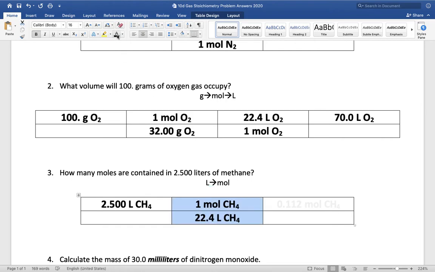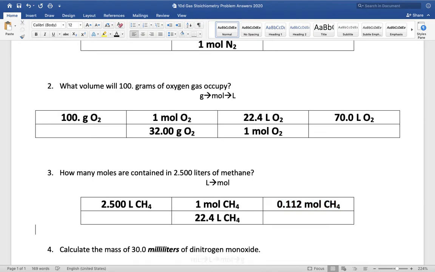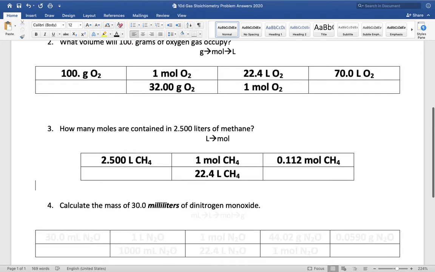So I get liters to cancel. That's 2.500 divided by 22.4 gives me a final answer of 0.112 moles of methane. So like I said, pretty simple one on that one.